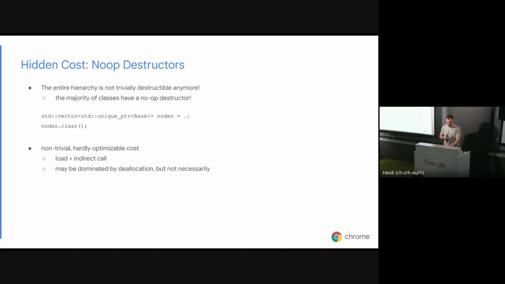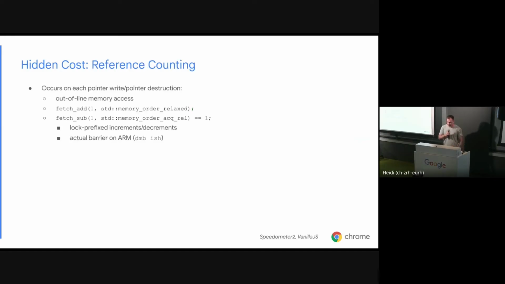So the next hidden cost, which C++ developers often tend to forget about, is reference counting. With class hierarchies, we usually like to use shared pointers, right? We do love them from Boost and C++11. We've been using those. However, the cost of them is non-trivial at all. If you look closer, it involves out-of-line access every time you construct or destruct a shared pointer.